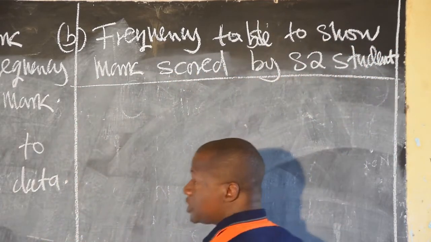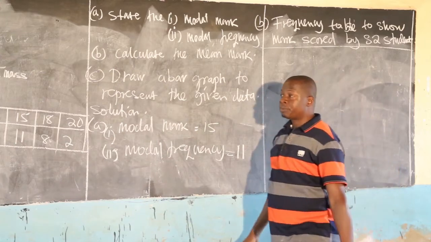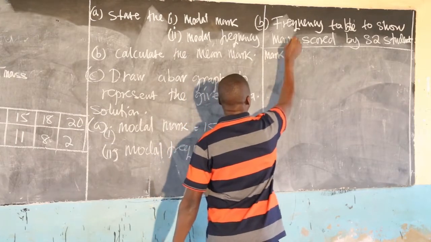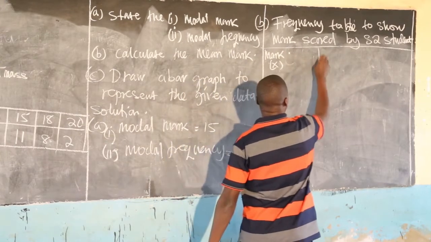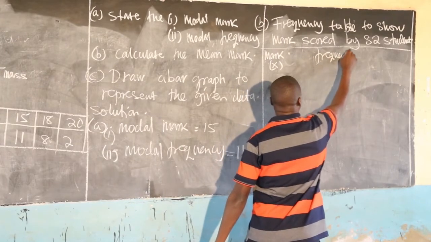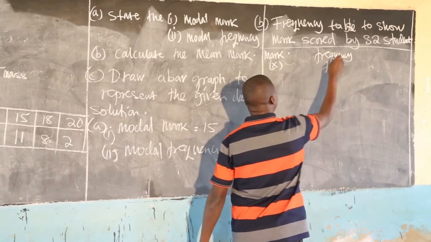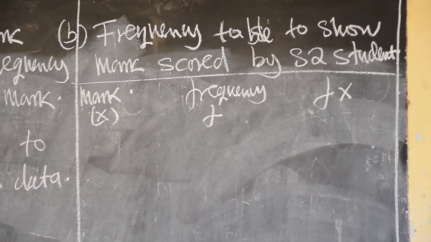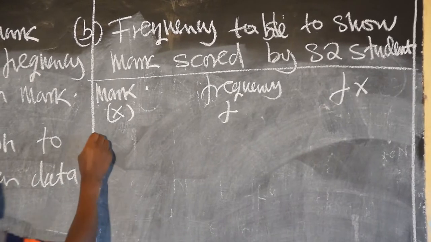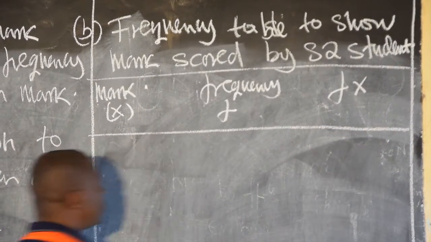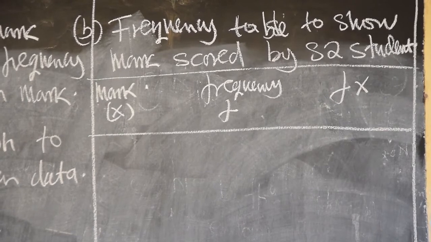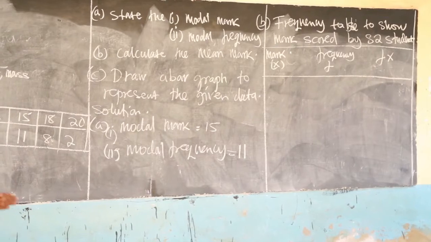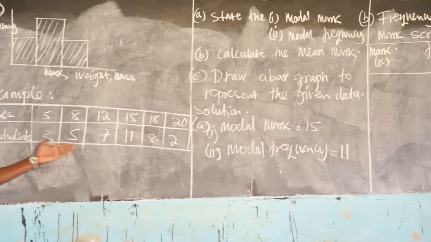Remember, this is ungrouped data. We have marks here, that is X. We shall have frequency, that is F. So here we have frequency times marks. Let the table be well organized. Dear students, we are supposed to use this data given.